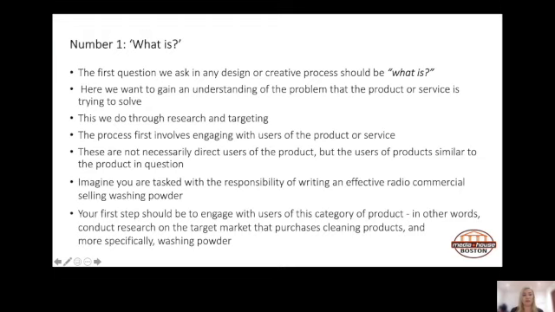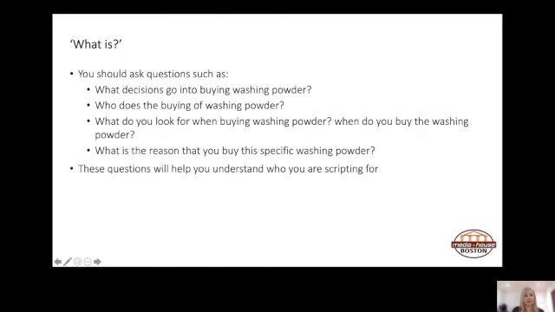Imagine you're tasked with the responsibility of writing an effective radio commercial selling washing powder. Your first step should be to engage with users of the category of this product. So in other words, conduct research on the target market that purchases cleaning products, and more specifically, washing powder.